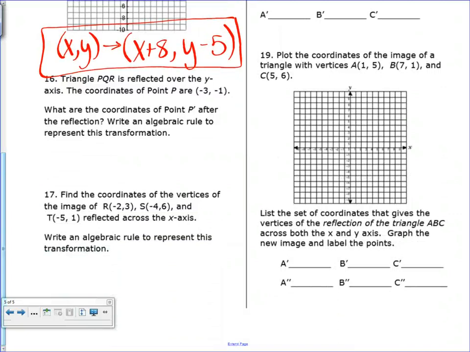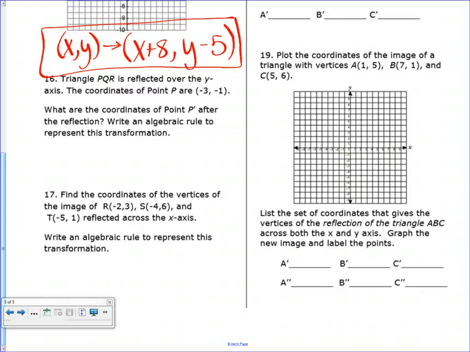Number 16. Triangle PQR is reflected over the y-axis. The coordinates of point P are -3, -1. What are the coordinates of point P prime after the reflection? Write an algebraic rule to represent this transformation.